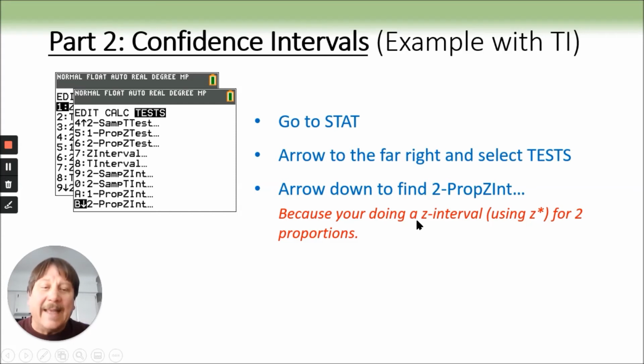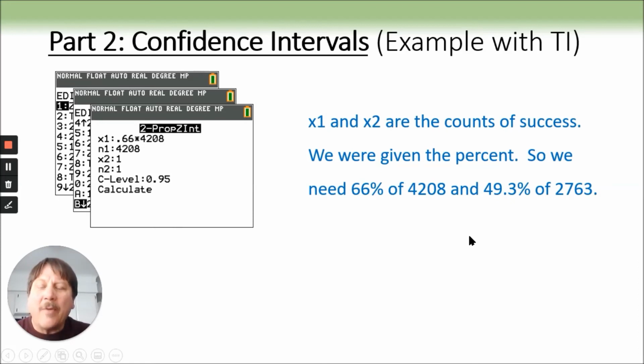Because we are doing a z interval, because it's z star, and because we're doing two proportions, you should know before you pick up your calculator that you are looking for the two proportion z interval. When you select your interval, you now have to enter your x1, your n1, your x2, your n2, and the confidence level.